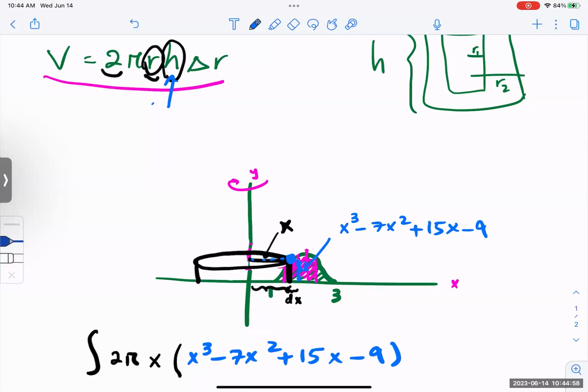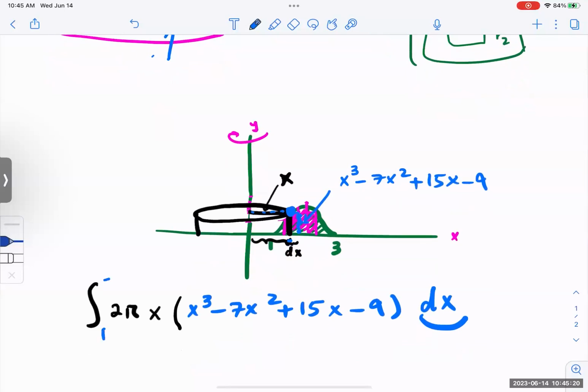You write it down, and then dr is the thickness, which in this case is dx. dr is sometimes dy if you're rotating along the x-axis, and it's dx if you're rotating about a vertical axis like the y-axis. This dx gives me a clue that I'm going along the x-axis. So if it's from 1 to 3, then it goes from 1 to 3.